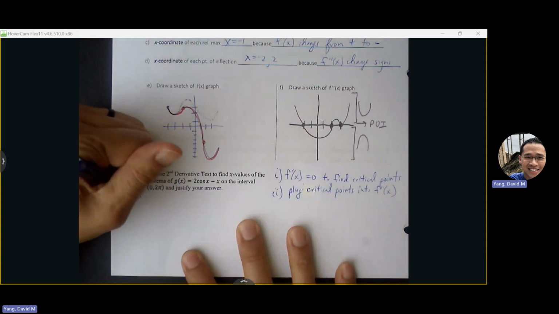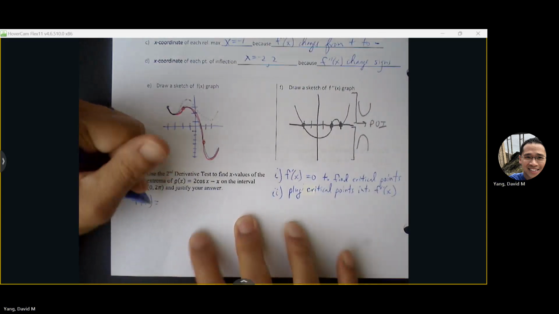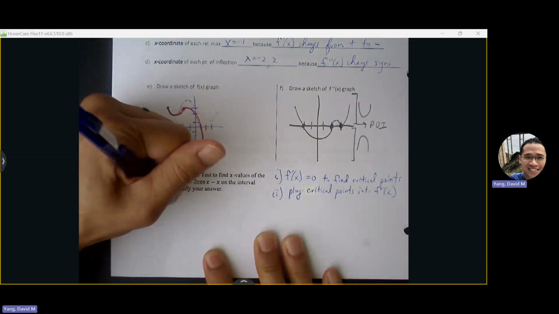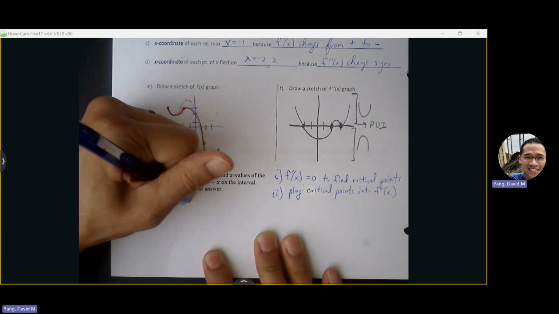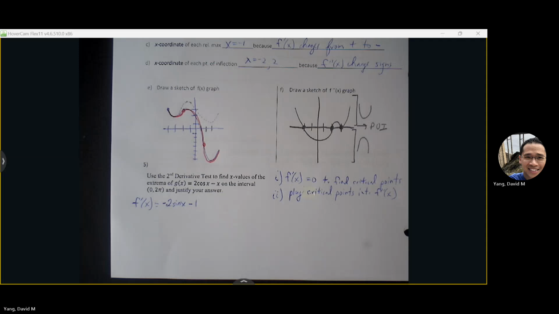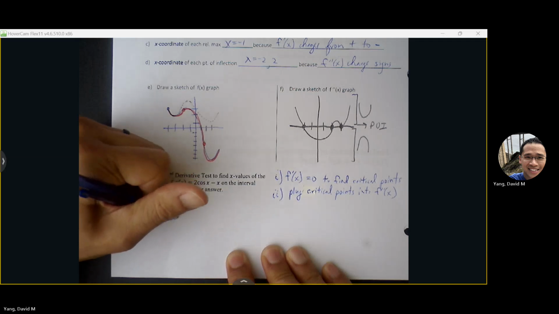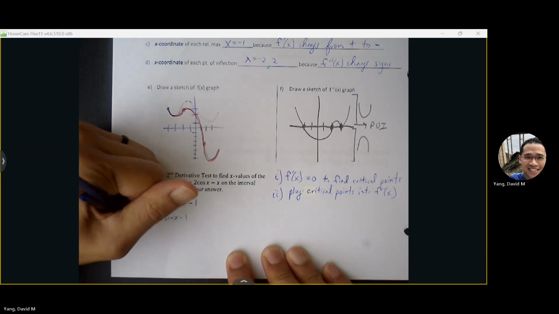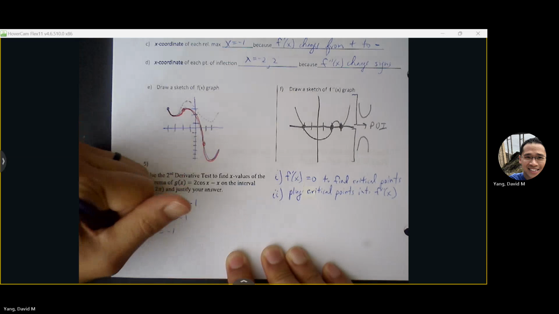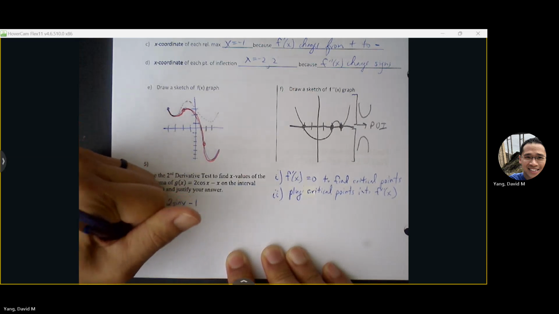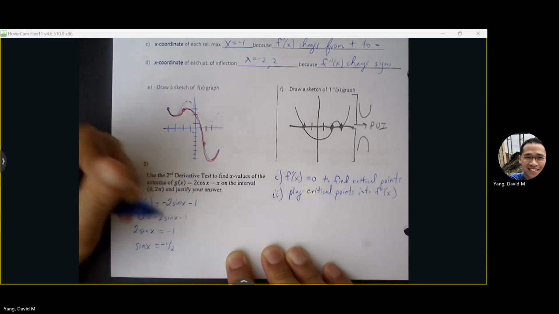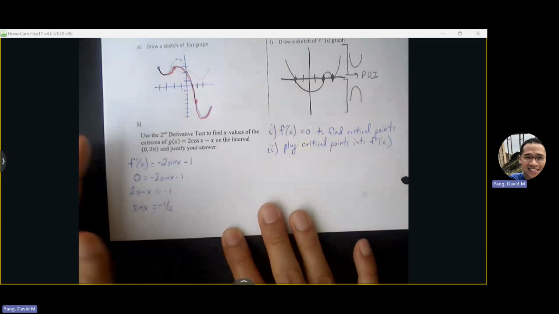Okay, so here's f prime. 2 cosine becomes -2 sine. Negative x becomes -1. We set f prime equal to 0. So sine is negative.